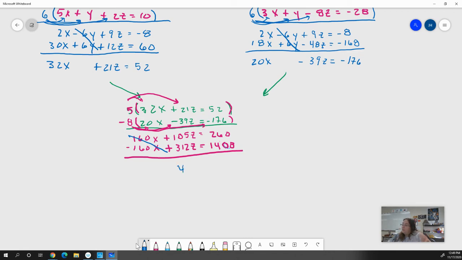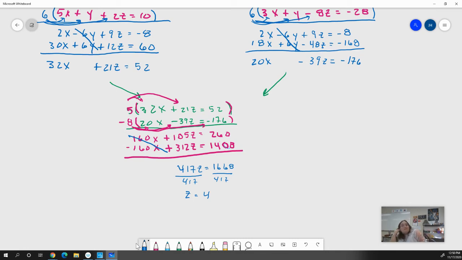So we're going to have 417z equals 260 plus 1,408, which is going to give me 1,668. I still have 417 multiplied to z, and we want to know what 1z is, so we are going to divide by 417 and divide by 417, and that is going to give us z equals 4.